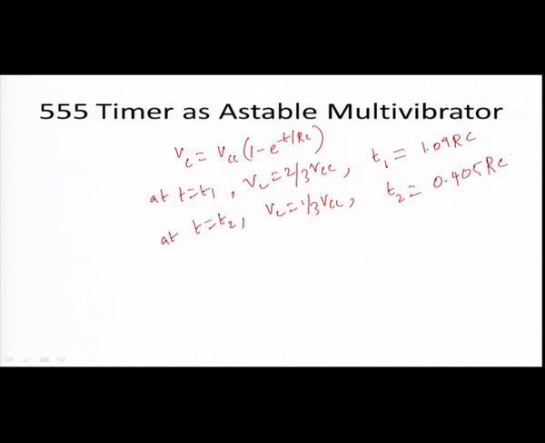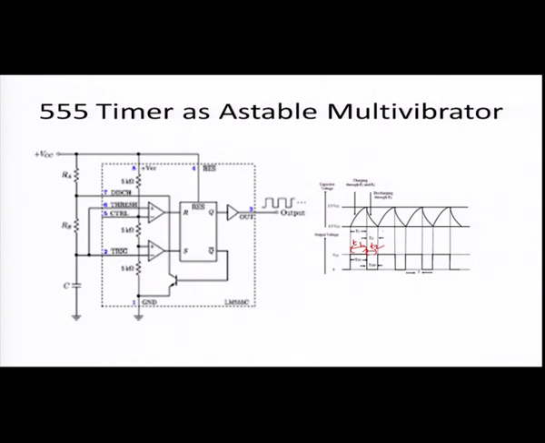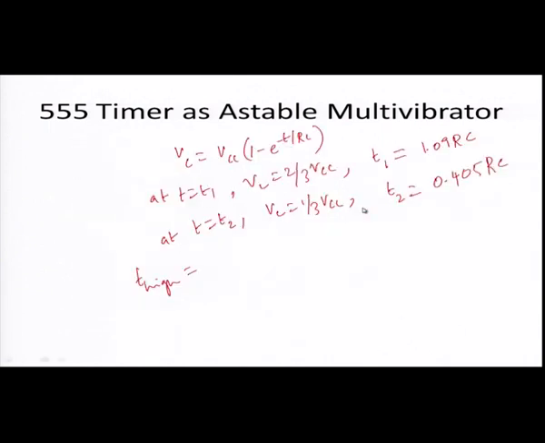0.405 RC. So, from this you have to calculate T high. T high is the output high time when the capacitor's voltage is charging from 1/3 Vcc to 2/3 Vcc, that is T1 minus T2, and if you substitute, you will get T high as 0.69 RC, and this is while charging.